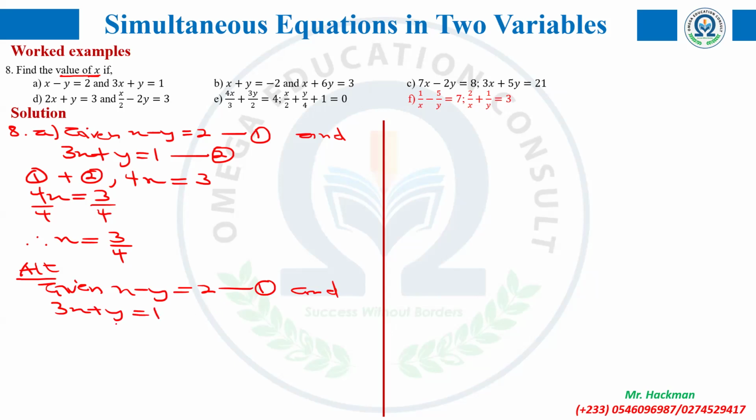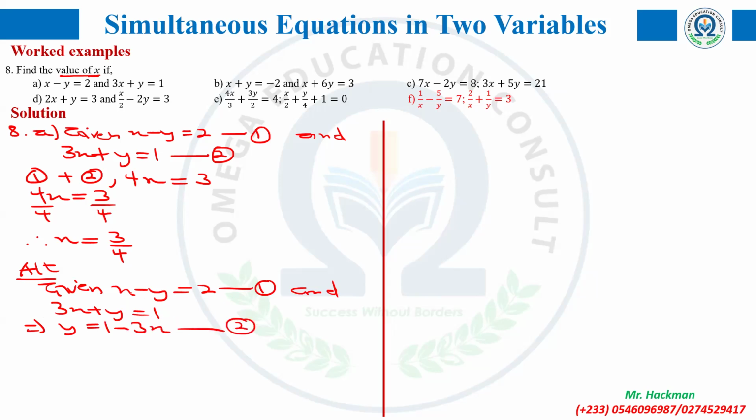I won't label this because I want to use substitution. I want to make this the subject before I label. So I'm going to write, this implies that y is equal to 1 minus 3x. So that becomes my equation 2.